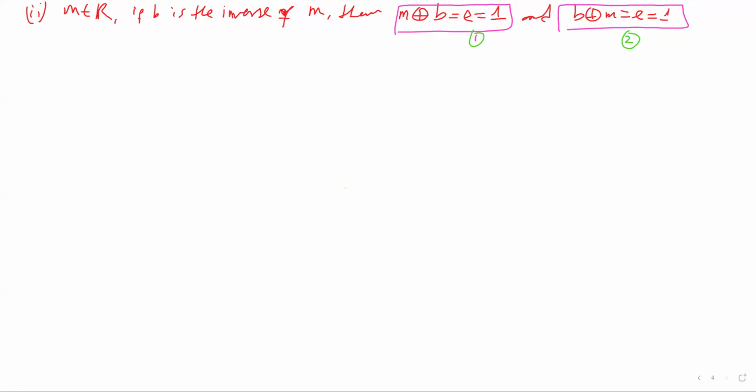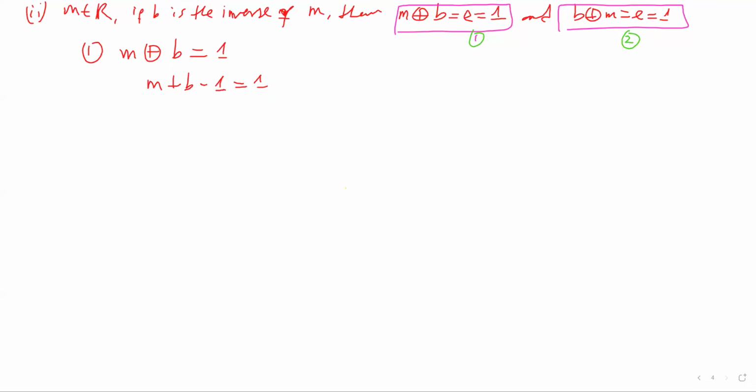So let's start from what we call 1 here, where we say M operates B is equal to 1, because 1 is the identity. M operates B, we know it means M plus B minus 1, which is equal to 1.